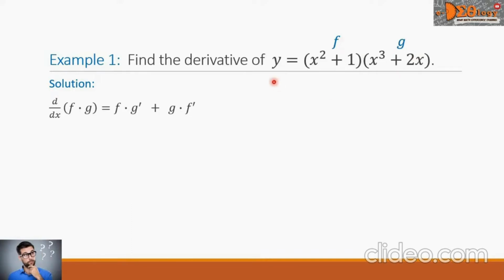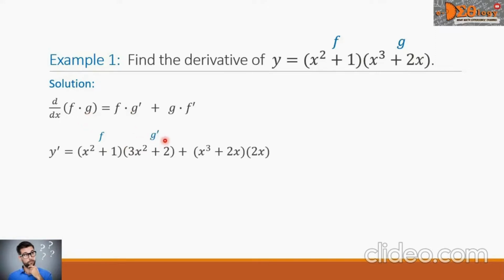And for the derivative of this y, we will have y prime equals, we copy the f or the first function, that is the x squared plus 1, multiplied by the derivative of the second function.